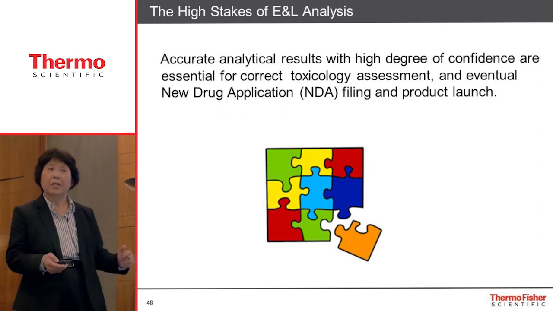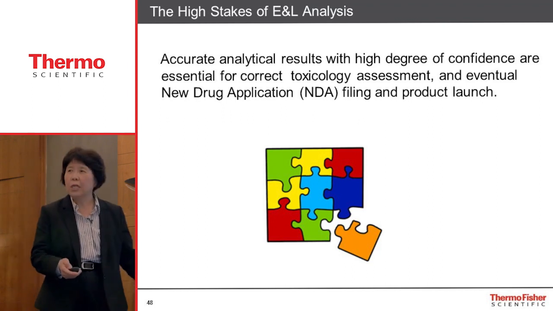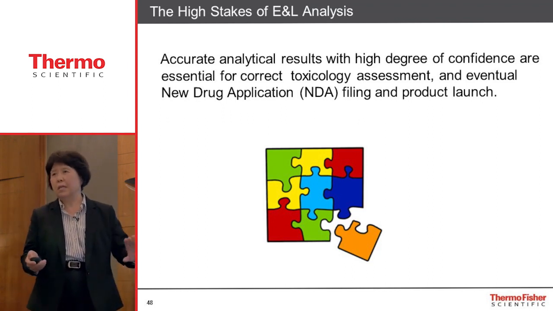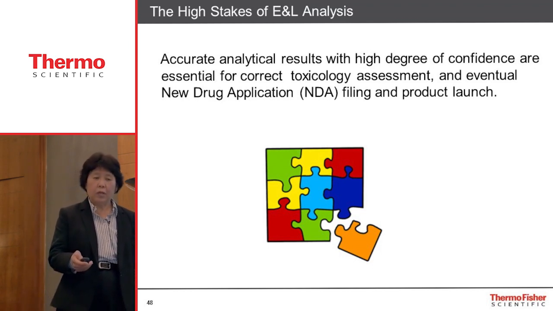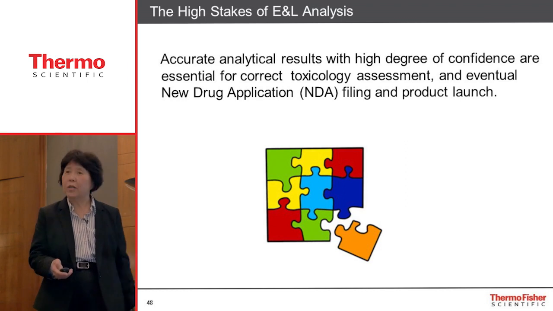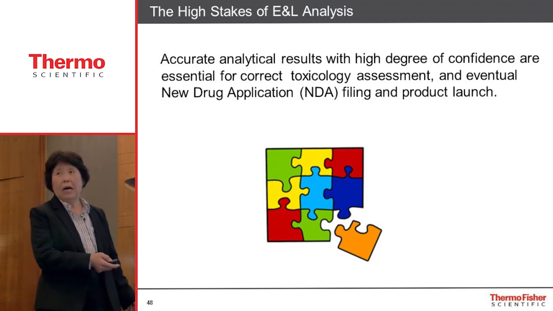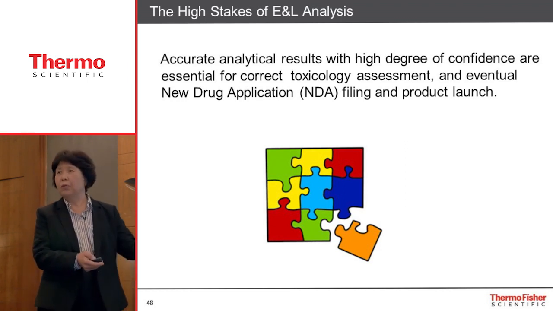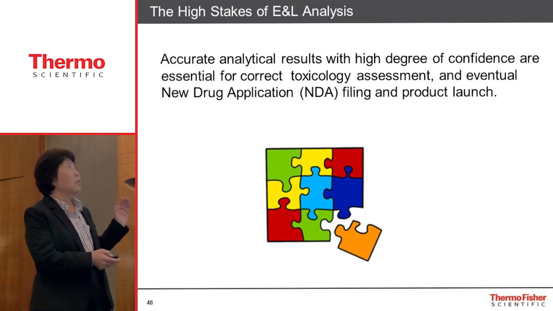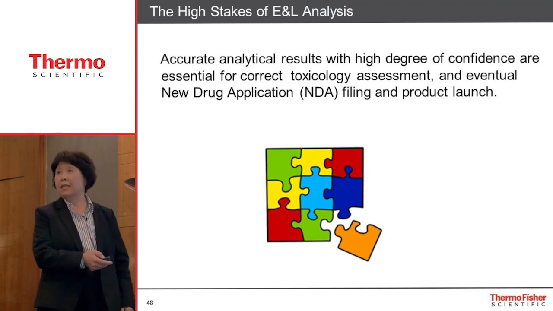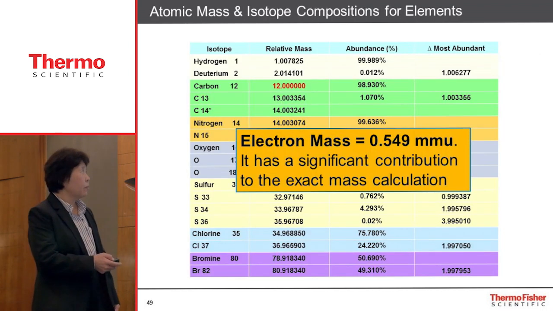At this point, they're not sure if it's the formulation or a leachable. So we're working with them. It's a shame, right? They spent so much time and effort, and now couldn't put this product on the market. So that tells us the high stakes for E&L analysis.